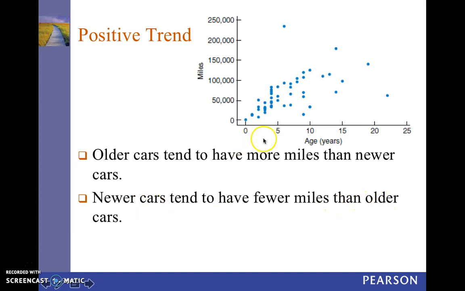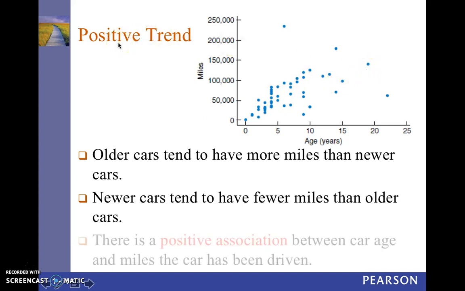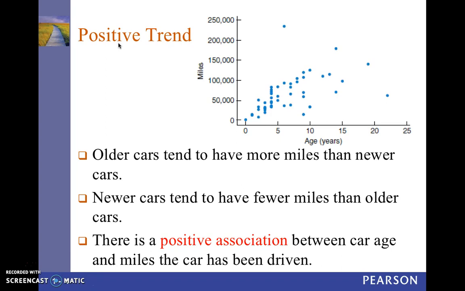You can notice that as the car is getting older, so is the number of miles that the car has been driven. And this would be an example of something that we would call a positive trend. So the way we might interpret this is that there is a positive association between the car age and the miles that the car has driven. Okay, so that'd be an example of a positive association or a positive trend.